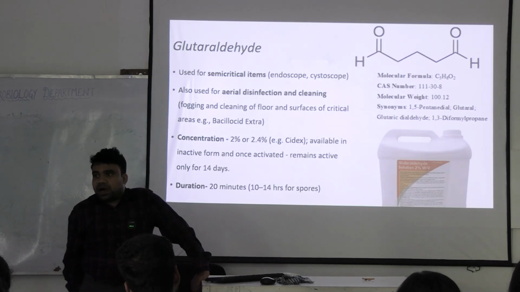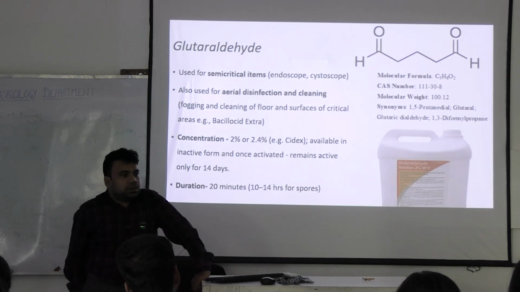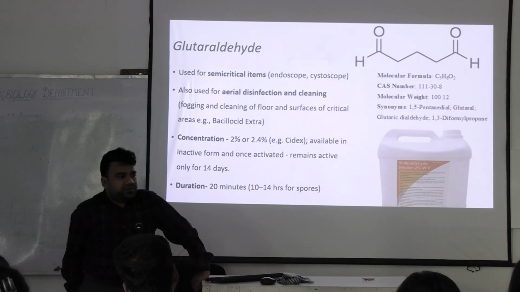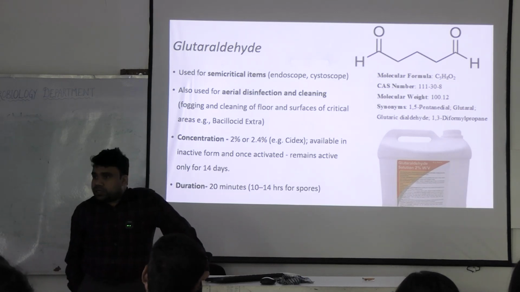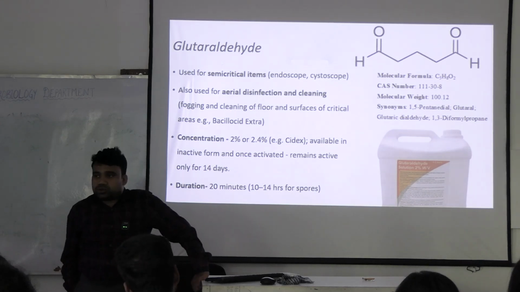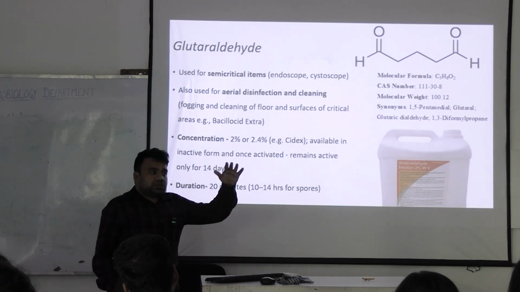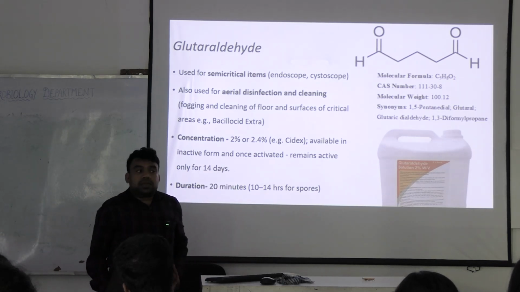Whatever the case may be, after the patient leaves the room, you need to disinfect the room. If it is highly infectious, we need to clean thoroughly. One of the methods is fogging, which I'll come to later. Fogging means spraying in the air so that all the surfaces can be disinfected.